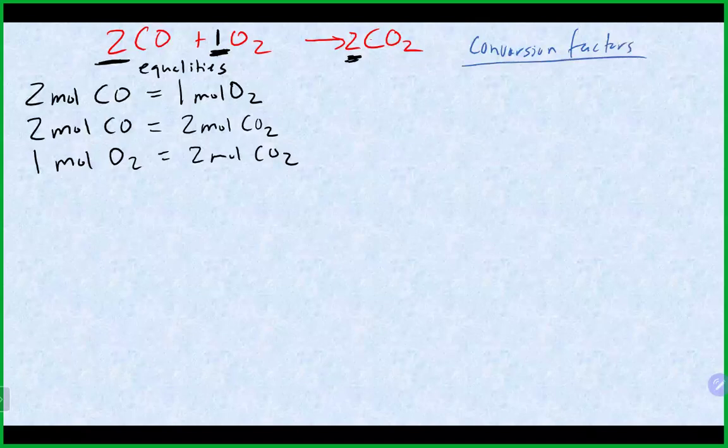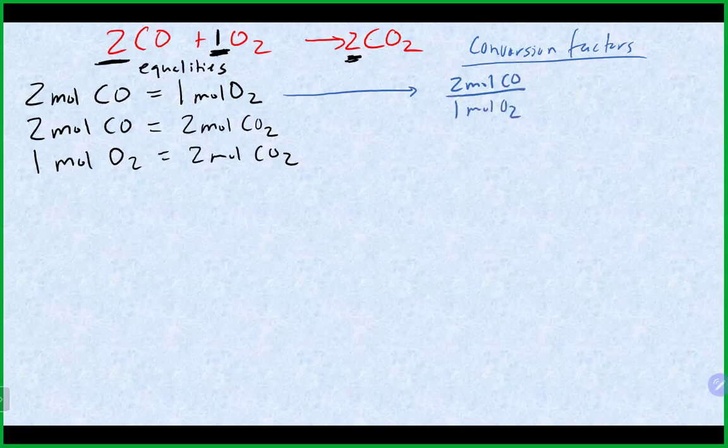So for example, for our first one, we could write 2 moles of CO over 1 mole of O2. Or we could flip it around like any other conversion factor, 1 mole of O2 on top, 2 moles of CO on the bottom.